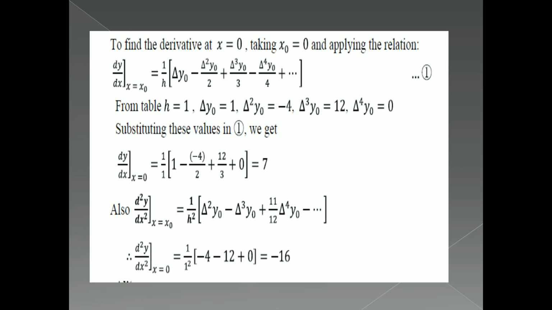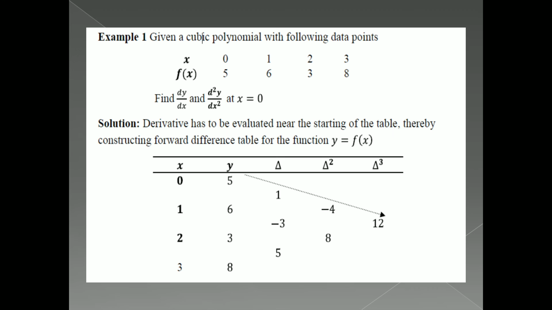Substitute all the values of delta y0, delta square y0, delta cube y0, delta raised to 4 y0 from the constructed table, taking h is equal to 1. H is the common difference between the values of x. Delta y0 is equal to 1, the first value from the third column.